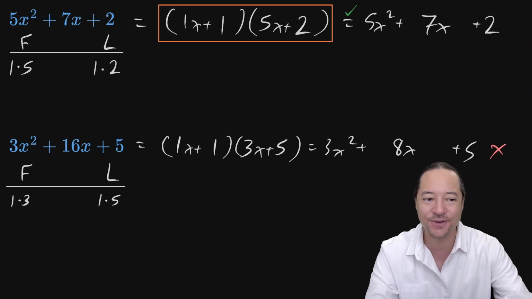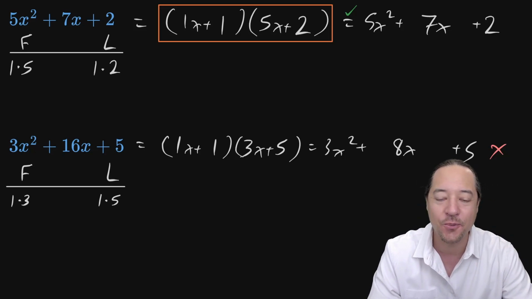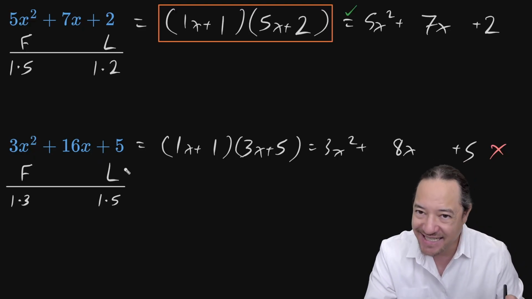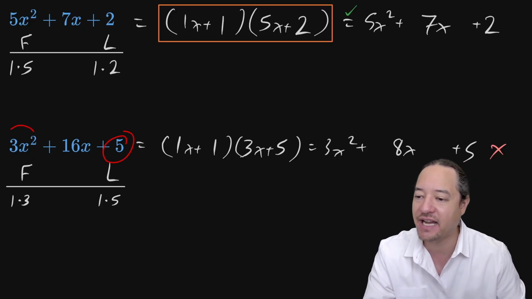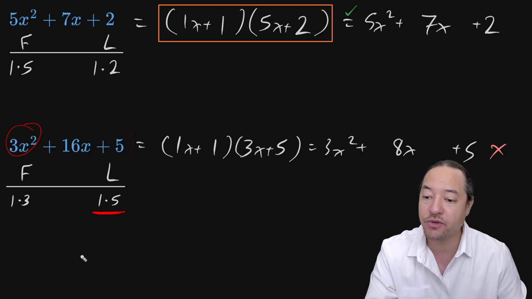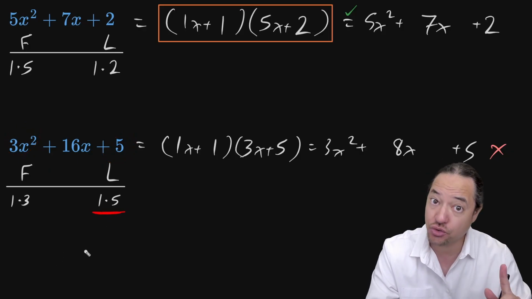It doesn't work. What's the problem? What happened? Well, it turns out there is another way we can factor 5 and 3. What I mean is, over here, we wrote down 5 as 1 times 5, and that's true.